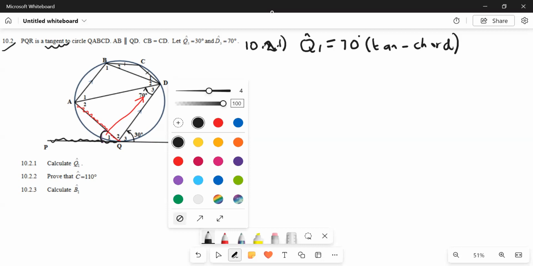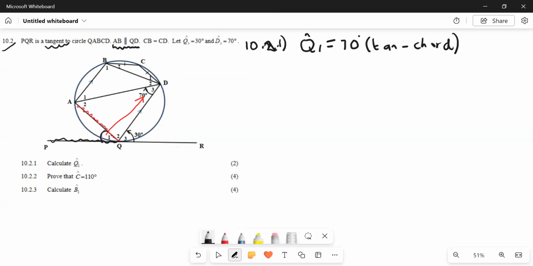Okay, let's go back to the statement. They said AB is parallel to QD, right? When I see parallel lines, I think of the FUN method, right? F has to do with corresponding angles, U for co-interior, and N for alternating angles, right?